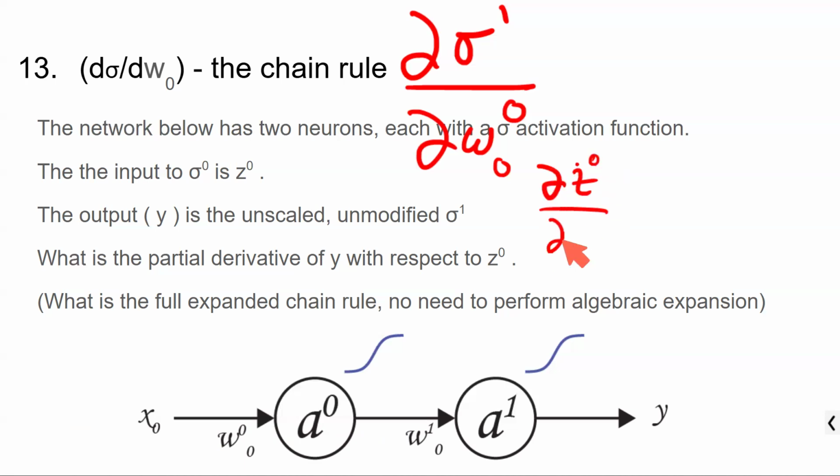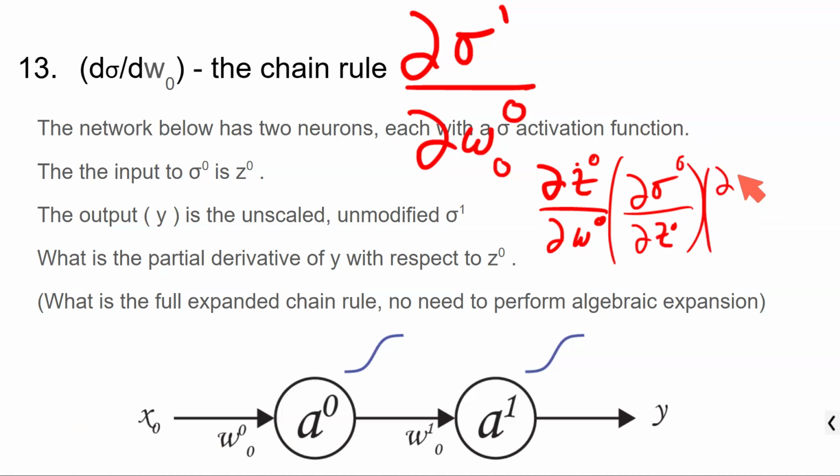DZ0 over DW0, D sigma 0 over DZ0. But DW0 over D sigma 0, that doesn't really make any sense, right? That's just one. That's not really a real transformation over here.